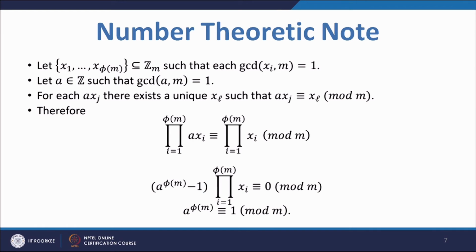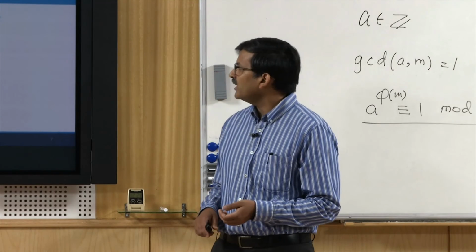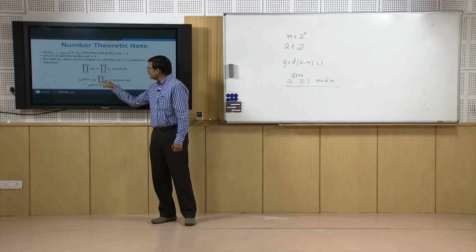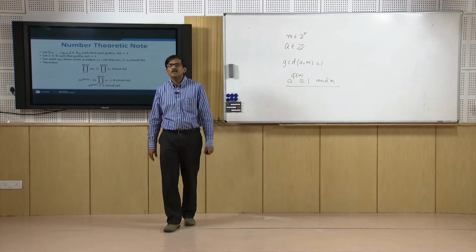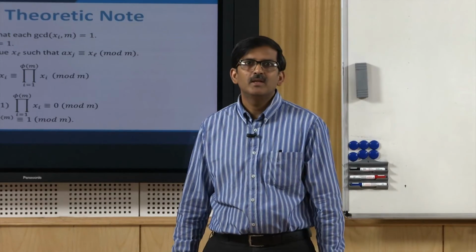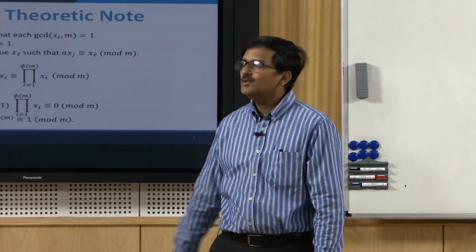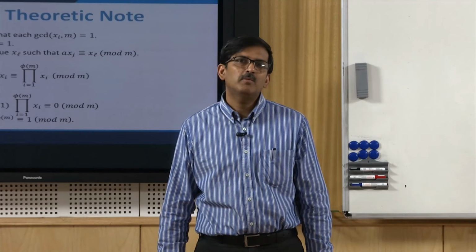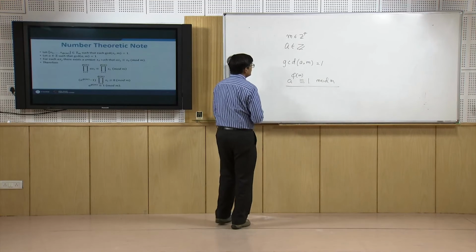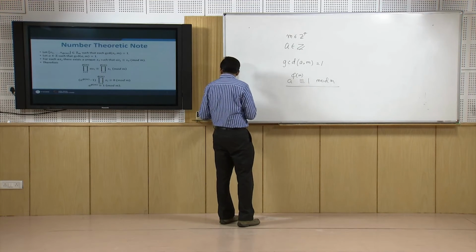We have a raised to the power phi m minus 1 in one side, product with the product of all xi's, and that is going to be 0 mod m. We started with the assumption that the xi's are co-prime to m, so their product is not going to be divisible by m. Therefore, a raised to the power phi m minus 1 is going to be divisible by m, and therefore we have this ultimate thing, and we are not to forget this.